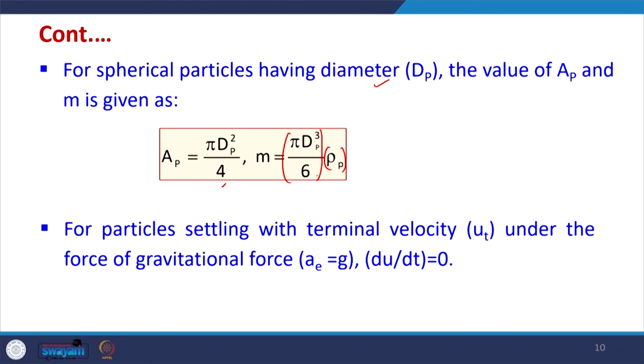Now, for particles settling with terminal velocity, suppose the particle is settling at a particular terminal velocity which will not increase further. Under that condition the rate of change of the velocity will be equal to 0, and under the gravitational force the acceleration is always equal to g.